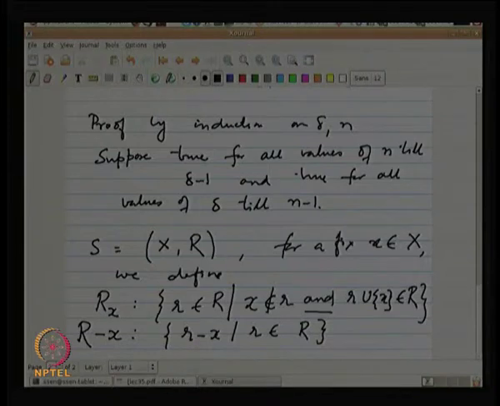So these are the two things that I have defined. It is not a good place to define this. So let me just make a note here, because we will have to stare at this thing for a while.